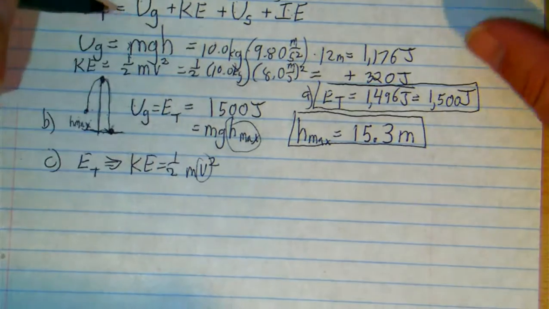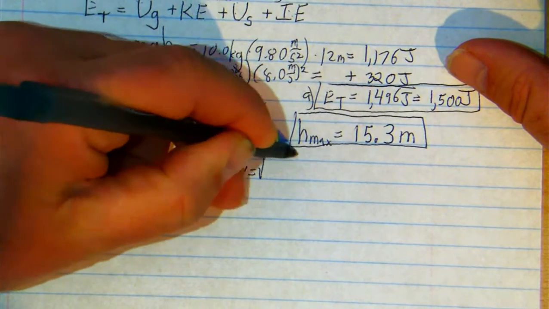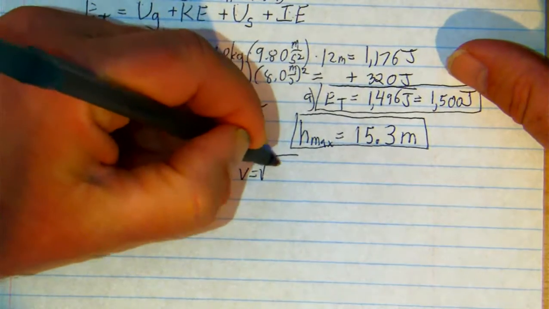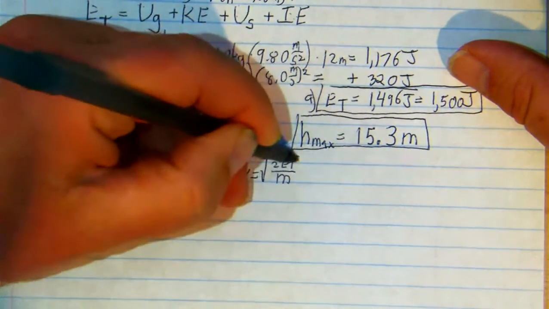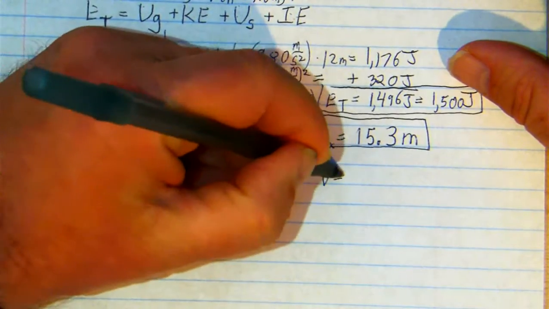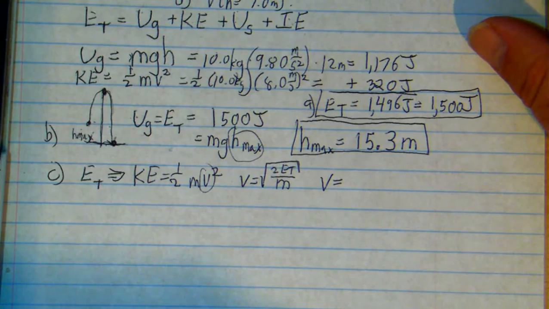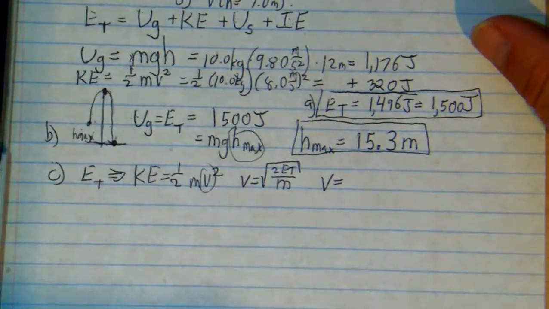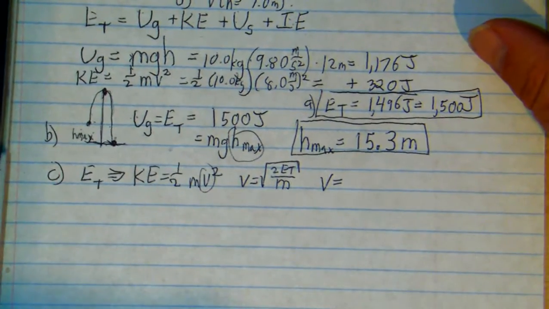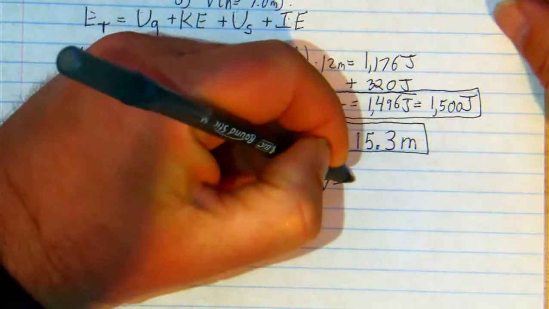Solving for v, I have to take the total energy, multiply it by 2, then divide that by the mass, and finally take the square root of it afterwards. So on my calculator, I go second square root 2 times 1496, because I'm too lazy to round it off, divided by 10, enter.